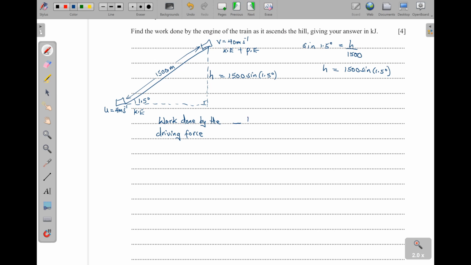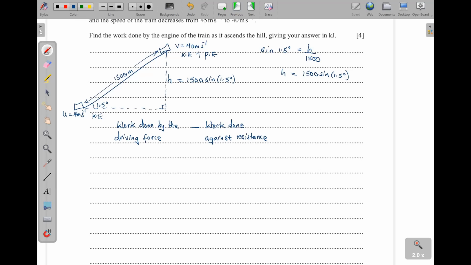Minus work done against resistance, then this one will give us the change in mechanical energy.